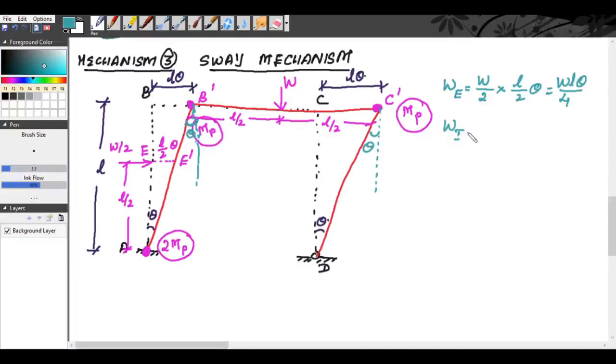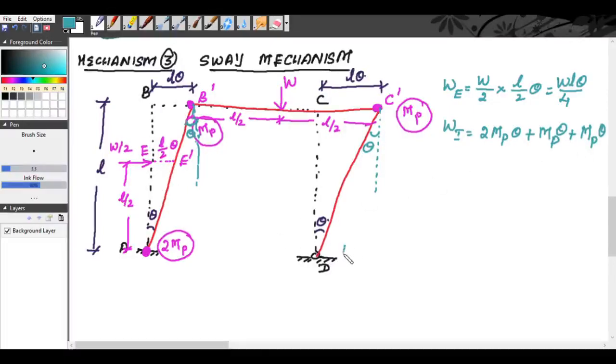Now internal work done is equal to, there is a plastic hinge at A, so plastic moment into the rotation. Rotation is theta, plus you have a plastic hinge at B, where the plastic moment is MP into the angle of rotation theta, plus at C you have a plastic moment MP and the angle of rotation is theta.